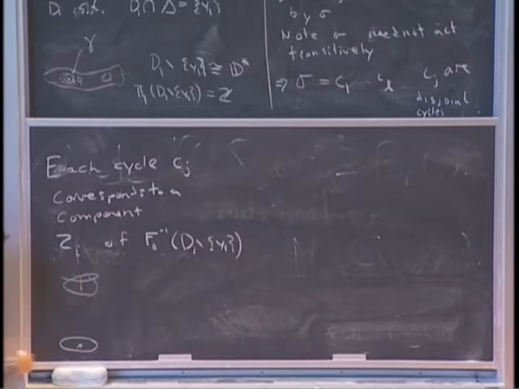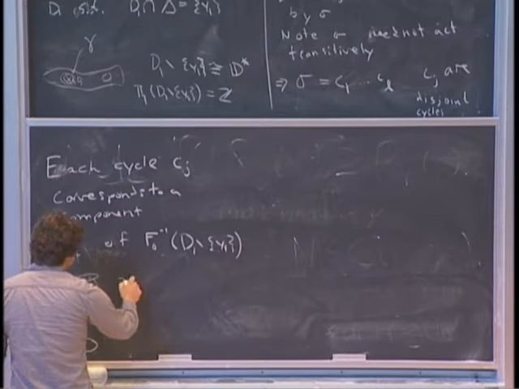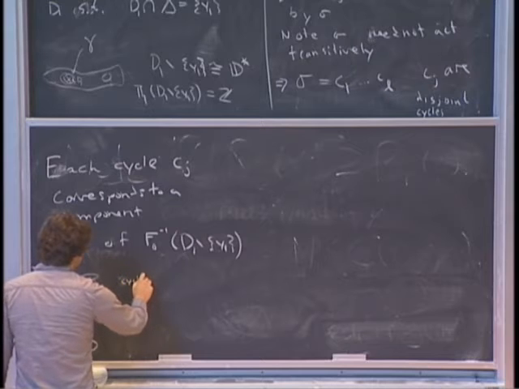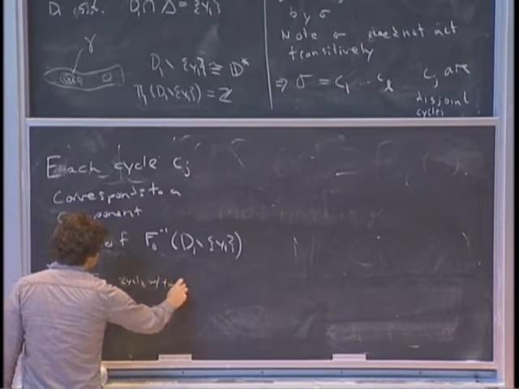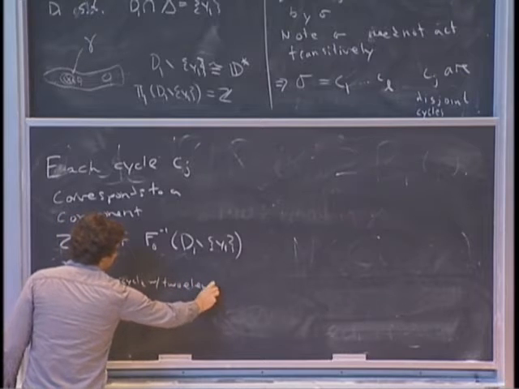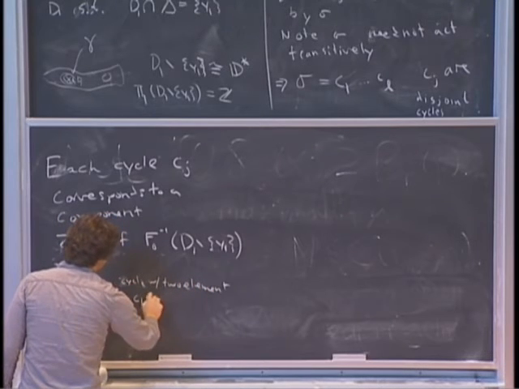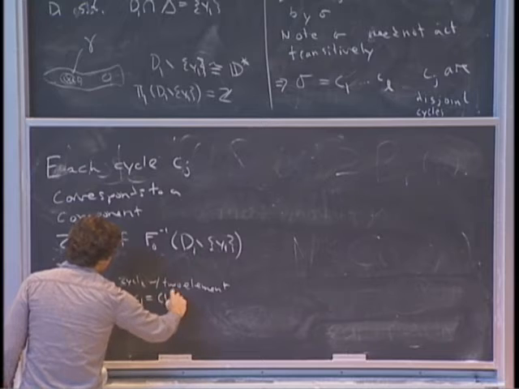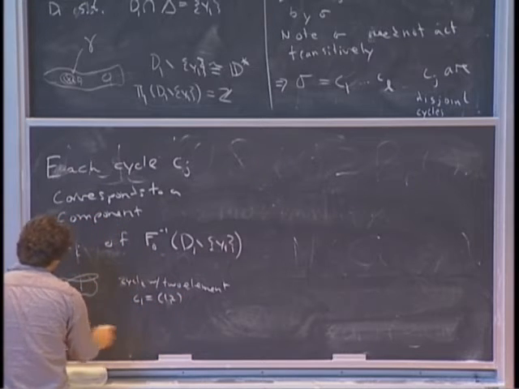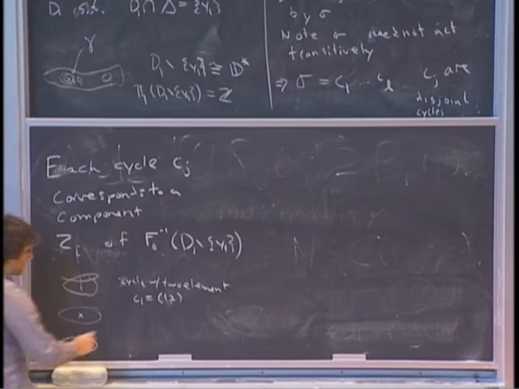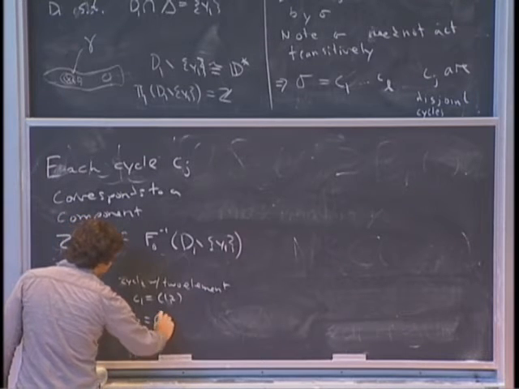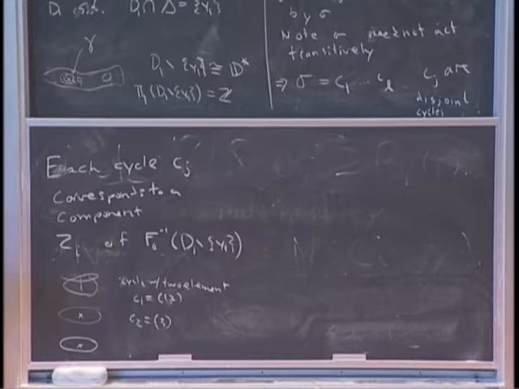So this would be a cycle with two elements, something like C1 equal to (1 2), and then another one with one element, say C2 equal to (3). It doesn't move anything. And the more elements a cycle has, the more times it winds around.